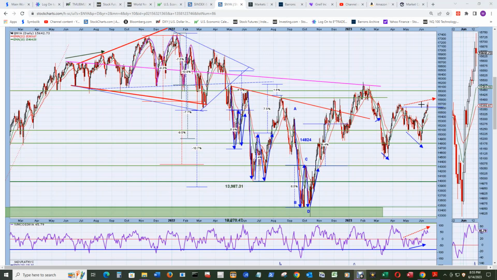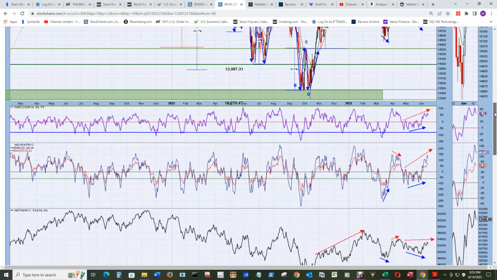And the NYA price to the breadth oscillators below has been rectified also. You can see price with an upwards trajectory.